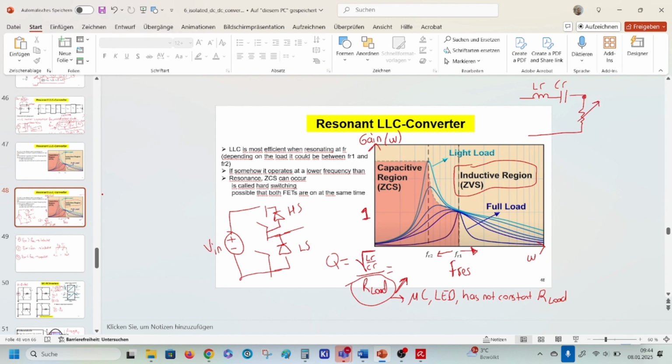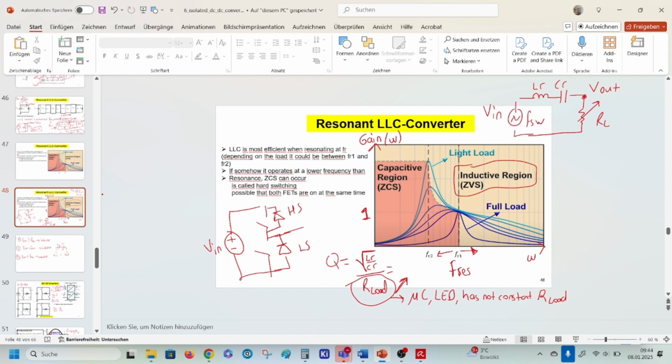And what happens, this was our input voltage, first harmonic approximated voltage. And if the load changes, the output voltage will change. And in order to have maximum gain, I must change my switching frequency.